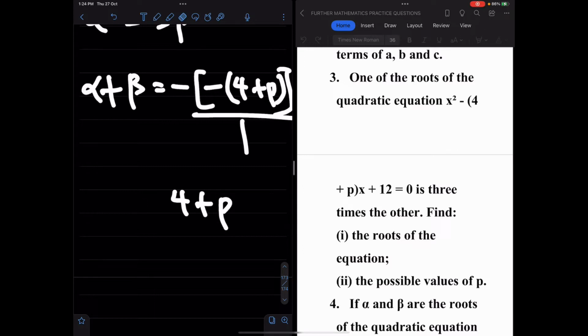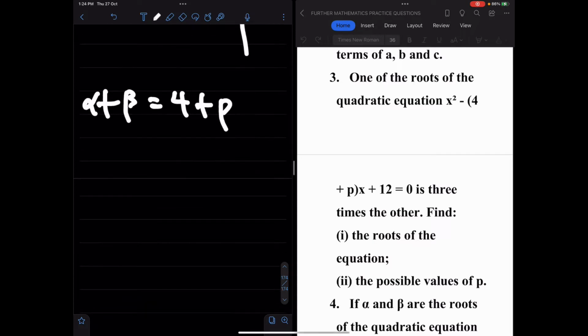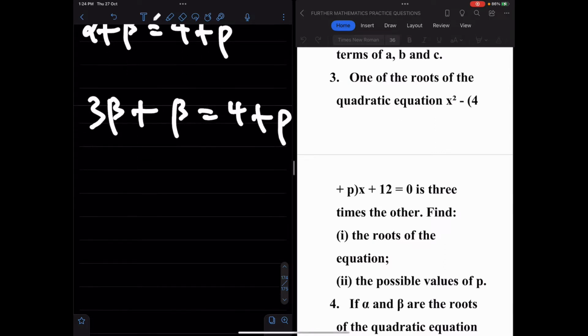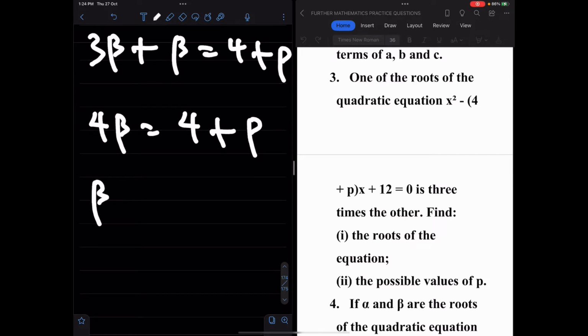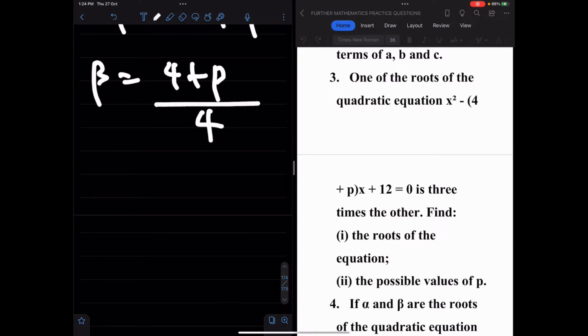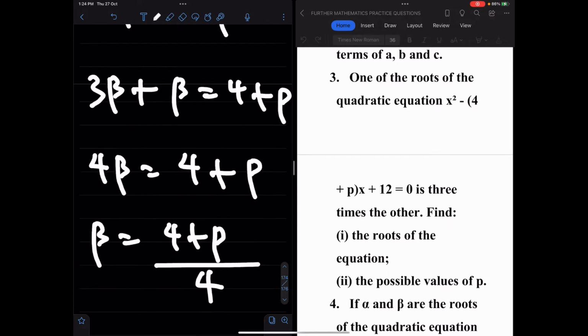So alpha plus beta equals 4 plus p, and alpha is the same as 3 beta. That simply means 3 beta plus beta equals 4 plus p, which means 4 beta equals 4 plus p, so beta is (p plus 4) over 4. Now the product of the roots, alpha beta, is c over a.